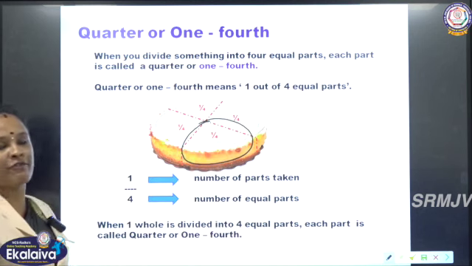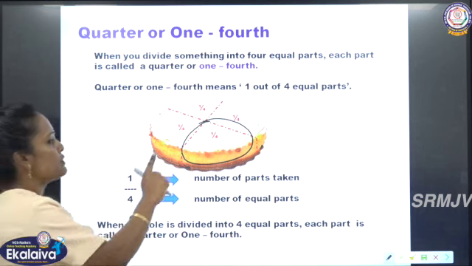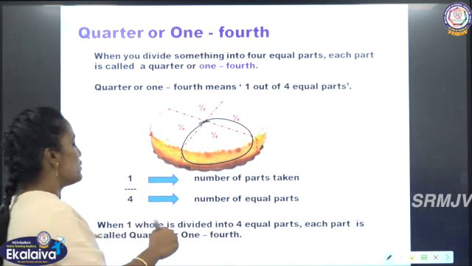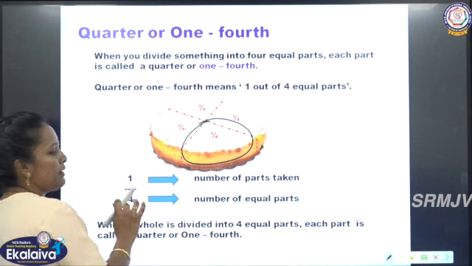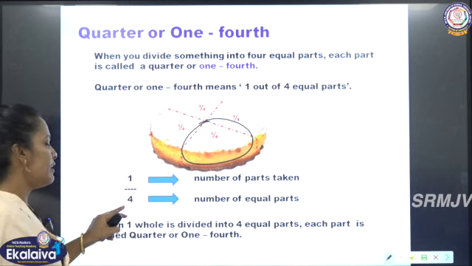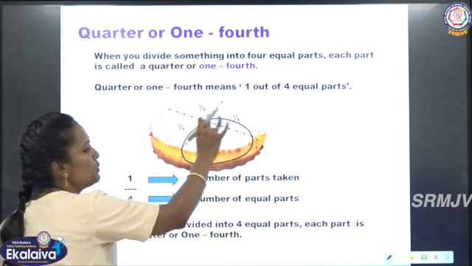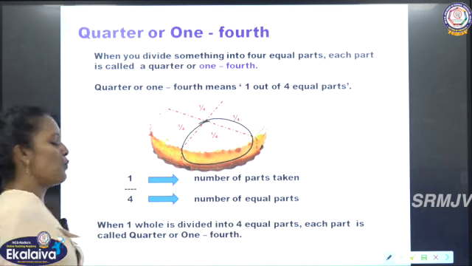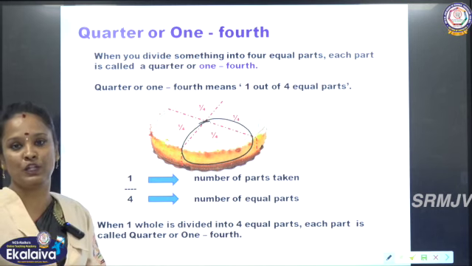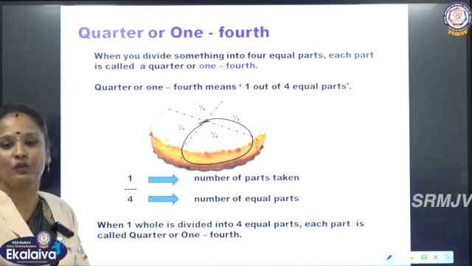From 4 equal parts, one part we have taken, so it is written as 1 by 4. The number of parts taken is 1, and there are 4 equal parts: 1, 2, 3 and 4. So when one whole is divided into 4 equal parts, each part is called 1/4 or a quarter.